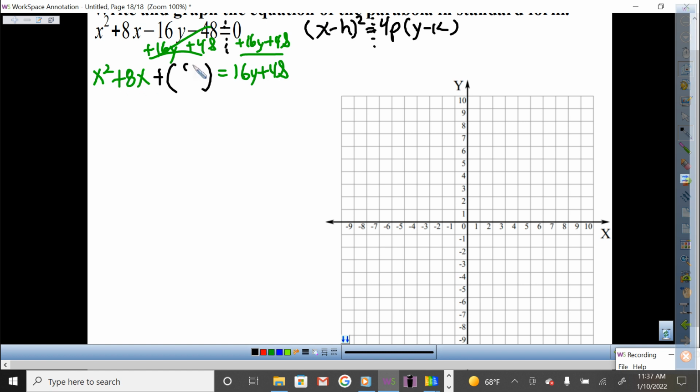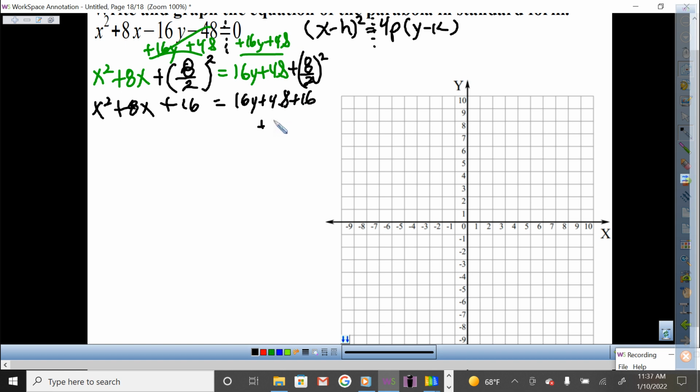Close. Positive 8, over 2, to the power 2, yes. 8 over 2 squared. Okay, let's simplify that. x squared plus 8x plus 16 equals 16y plus 48 plus 16.